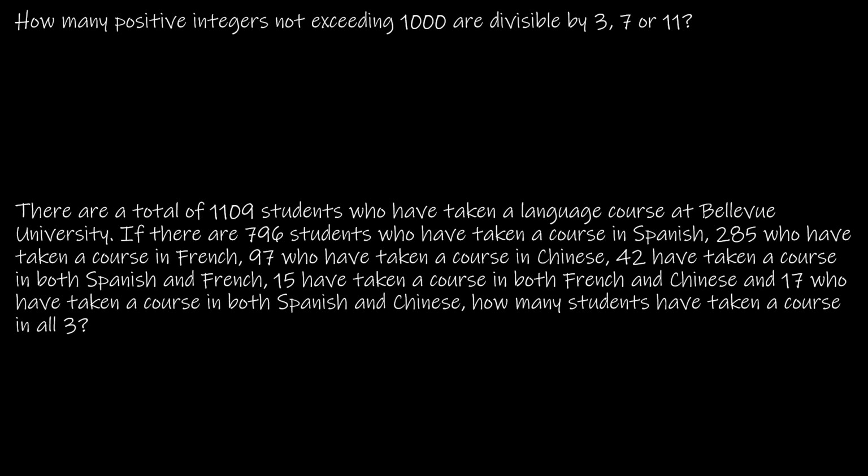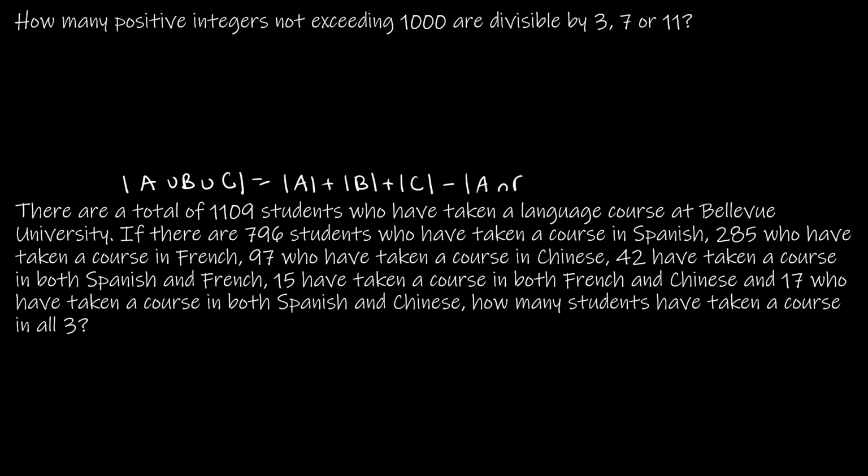For both of these, remember, we're going to be using A union B union C is equal to the cardinality of A plus the cardinality of B plus the cardinality of C minus the cardinality of each set of two.